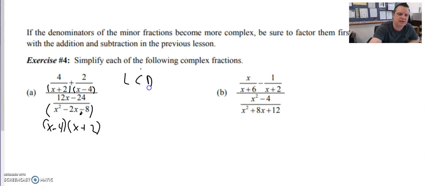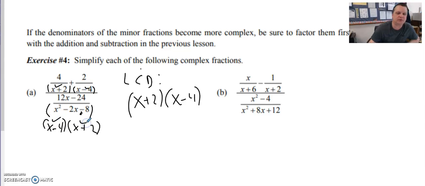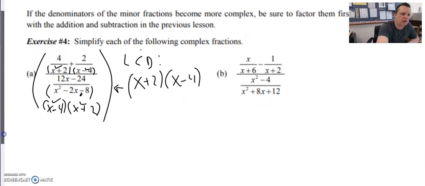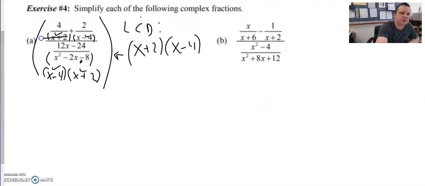So your LCD is going to be x plus 2, x minus 4. And just make sure everything's accounted for. X plus 2, x minus 4, x minus 4, x plus 2. All accounted for. So you multiply everything by the LCD. So when I multiply the first one, the x plus 2's cancel.